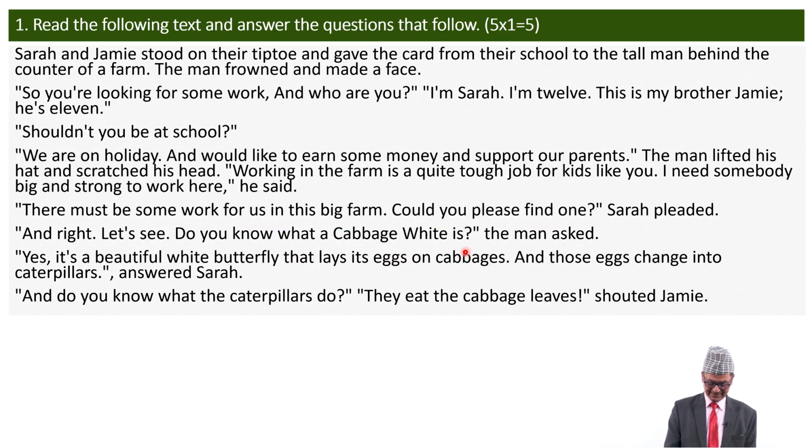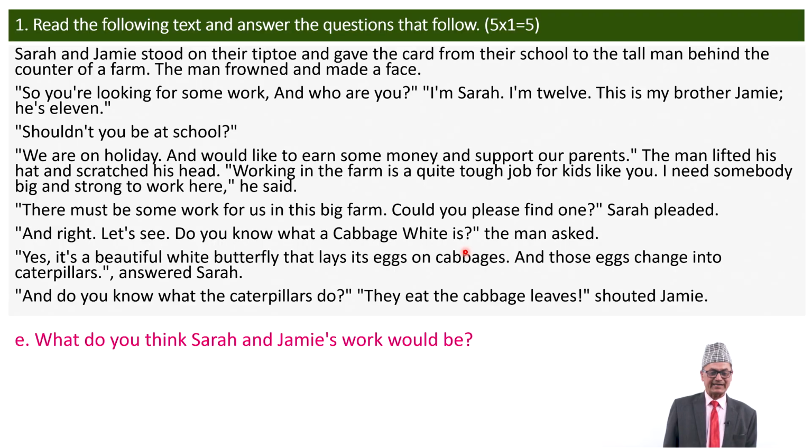So next, what do you think Sarah and Jamie's work would be? What work would they do? Tell me. Do you think the answer is exactly given in the text? No. So where is the information found? They eat the cabbage leaves.